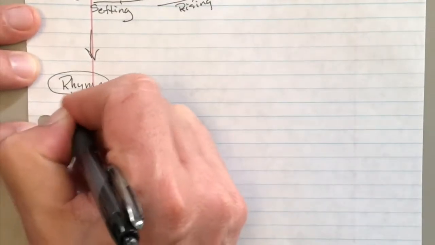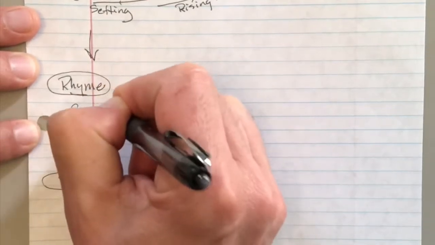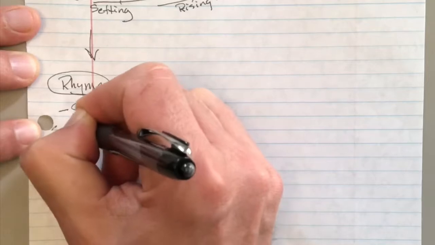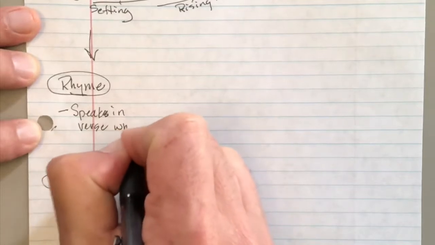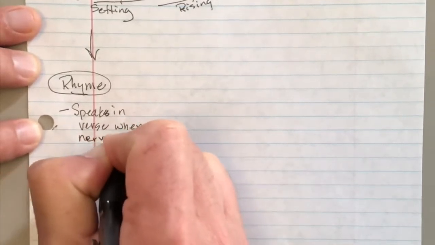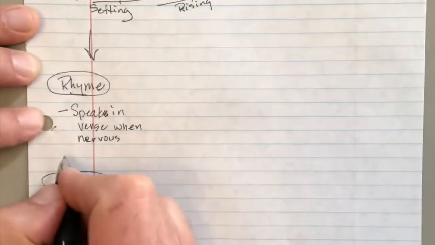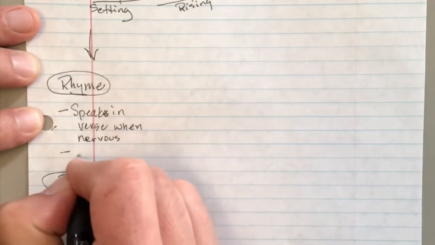We do learn a little bit about them. We know that Rhyme speaks in verse, or at least when she's nervous. And she must be nervous because she's speaking in rhyme in the beginning of the text. And we also know that she's a bit pessimistic.